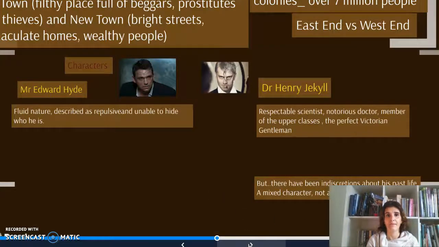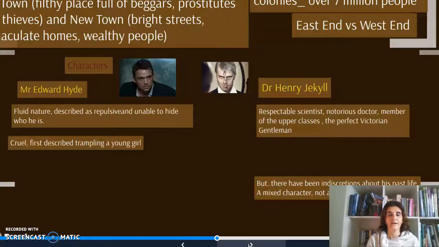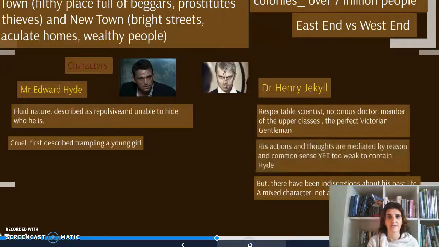He's a member of the upper class and is the perfect Victorian gentleman. Mr. Hyde is cruel, and he's first described trampling on a young girl. He's walking and he tramples over her without even realizing what he's doing, and he's very cold in these actions.